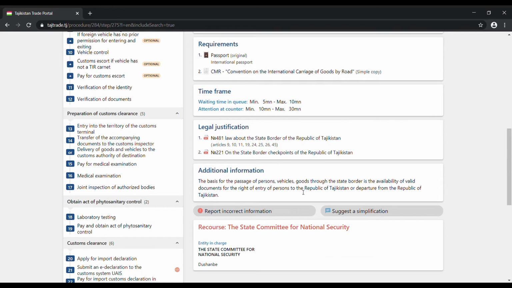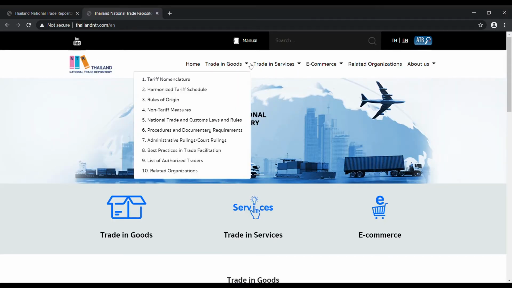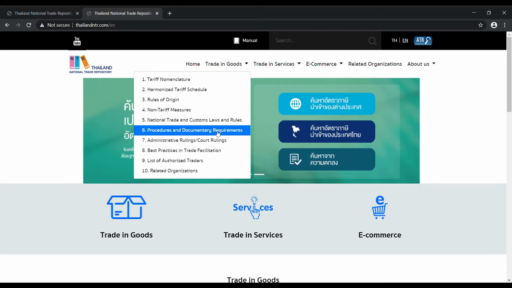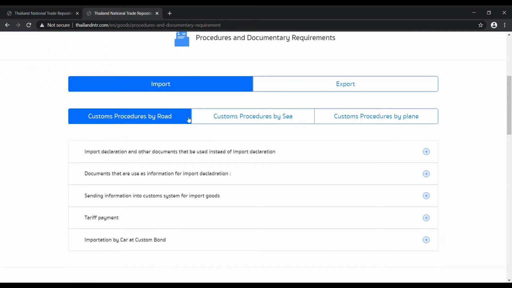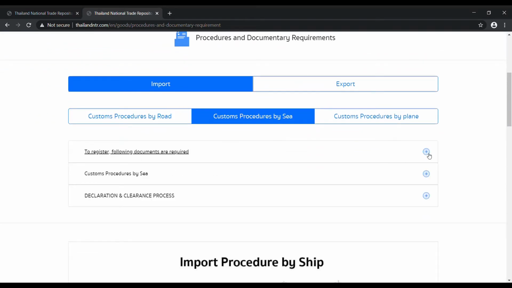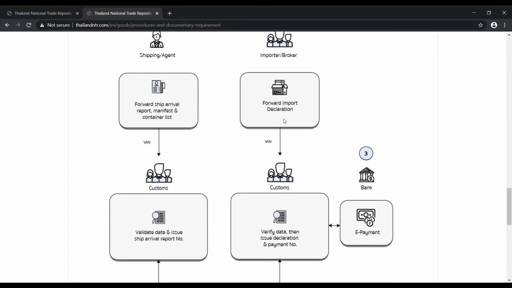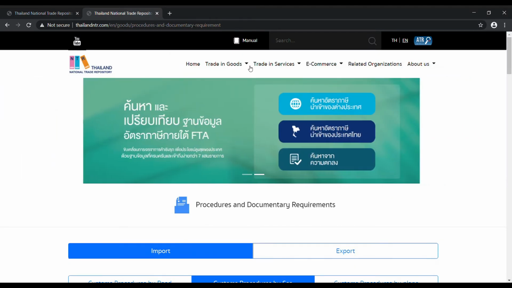Another example is Thailand's TIP. Information is organized in tabs at the top of the page, including one for procedures and documentary requirements. The user can select different procedures and some general information will be given, including this interesting flowchart. However, this information is only general, not specific to particular goods.